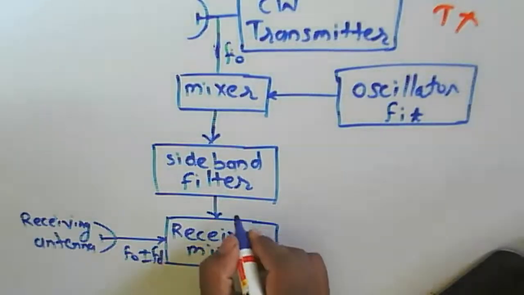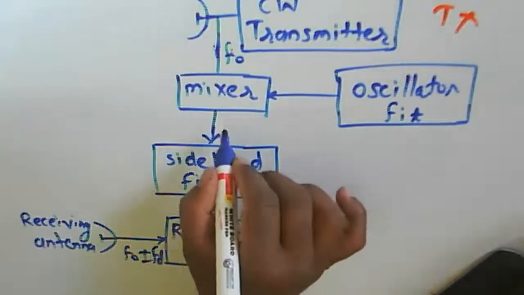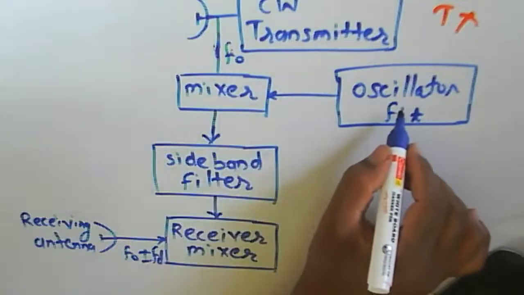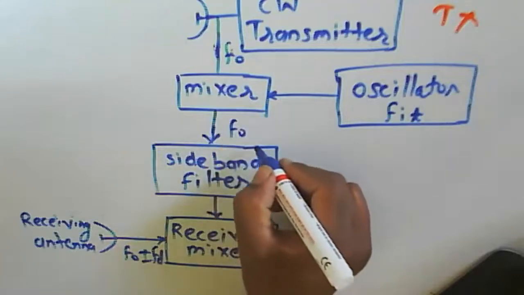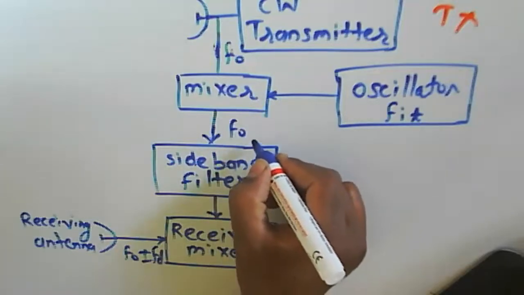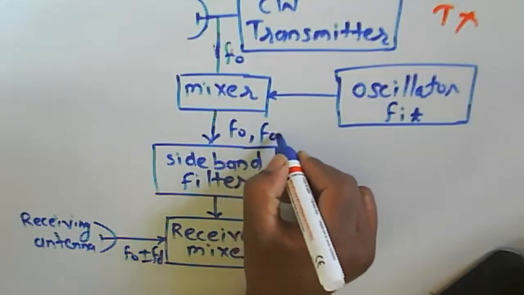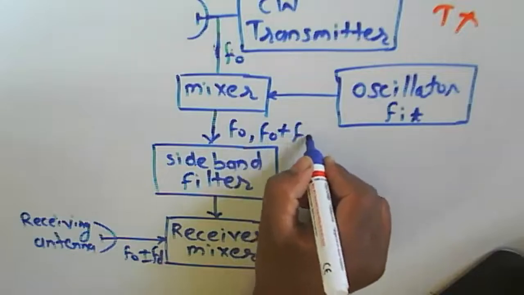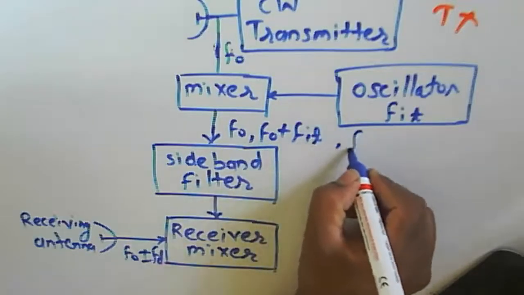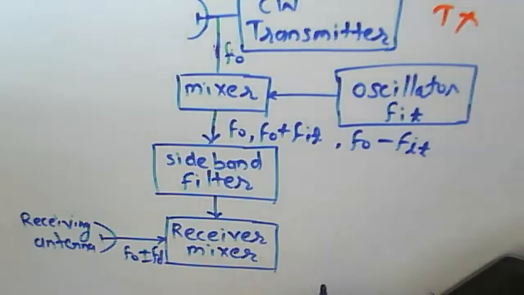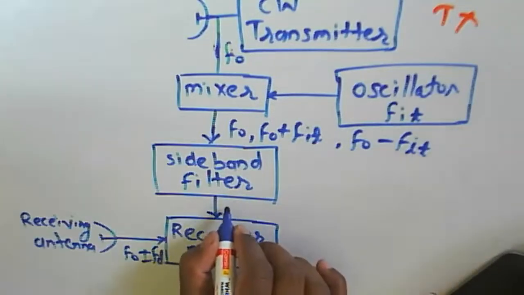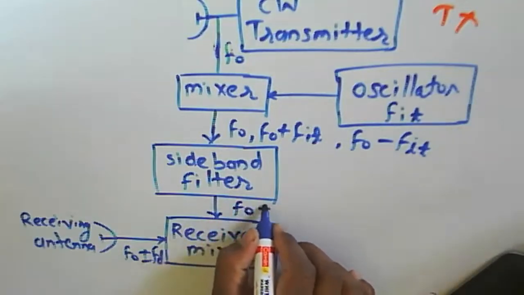And at the receiver mixer, we are supposed to get F4 plus or minus F5. So we have the signal F4 plus FIT, and again the signal F4 minus FIT.